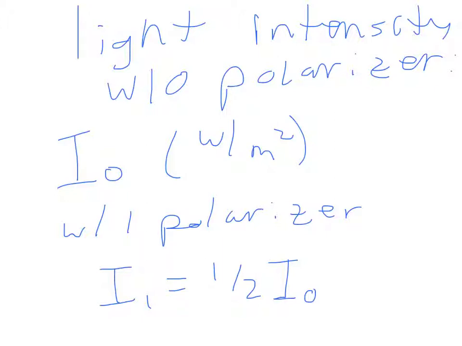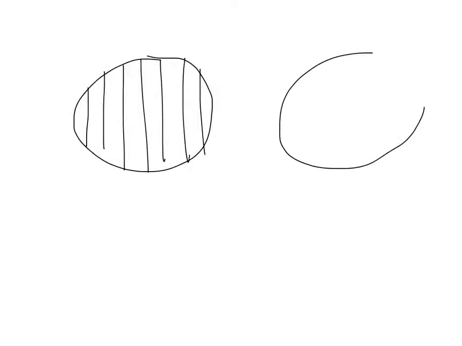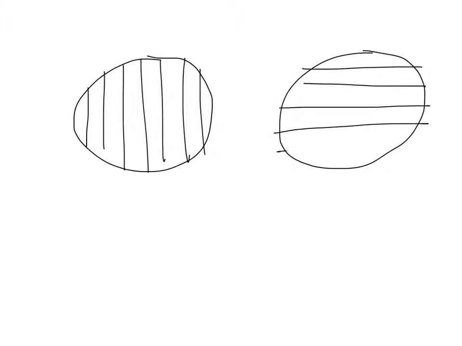But what if you rotated the second polarizer like this? So what if the first one was oriented like this, and then you rotated the second one so that it was oriented like this. What you're going to find in that case is that you'll completely block all the light. None will be able to pass.